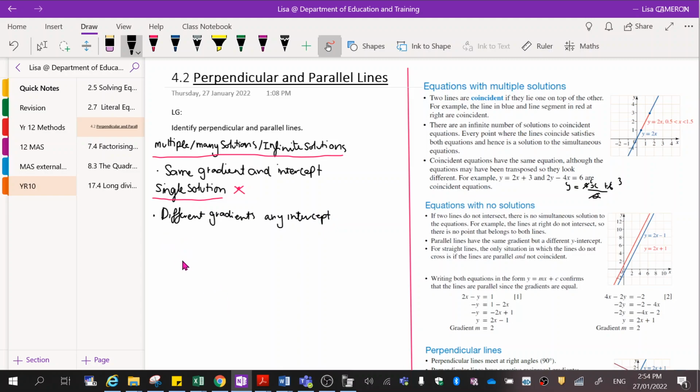Okay, and the next one we're going to talk about is parallel lines, or no solutions, or zero solutions.